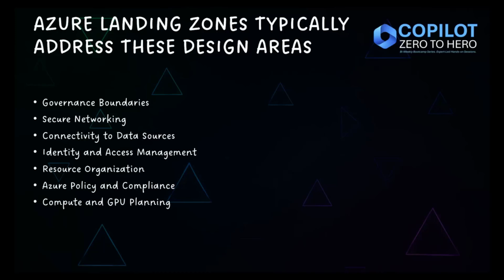Just with regards to an Azure Landing Zone, typically they address the following areas: governance boundaries, secure networking, connectivity to data sources, identity and access management, resource organization, Azure Policy and compliance, and then your compute and GPU planning. For most of us who don't work with Azure every day, this can feel like information overload.